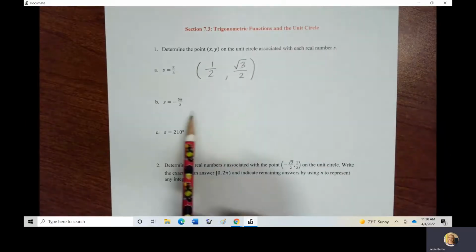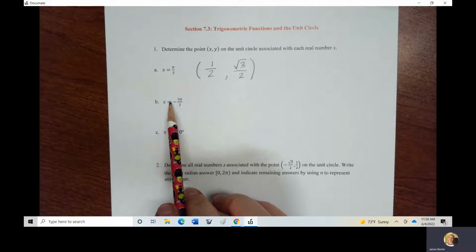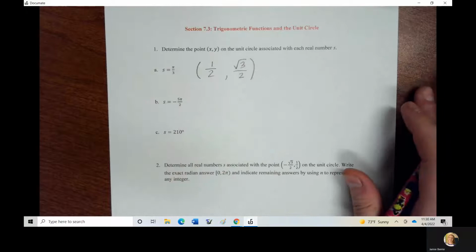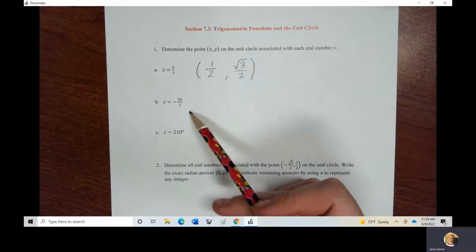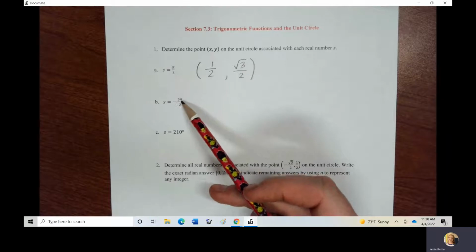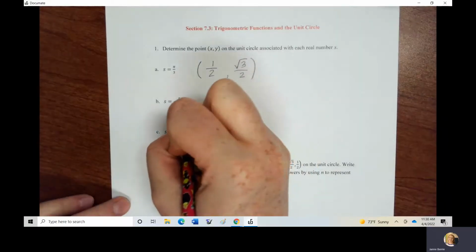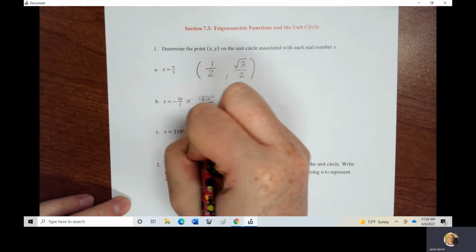All right, for part B, we're looking at the real number s equals negative 5 pi over 2. To me, the easiest way to do this is to convert this to degrees. I think it's easier to visualize where that's at on the unit circle if it's in degrees. So I'm going to multiply by 180 degrees over pi.